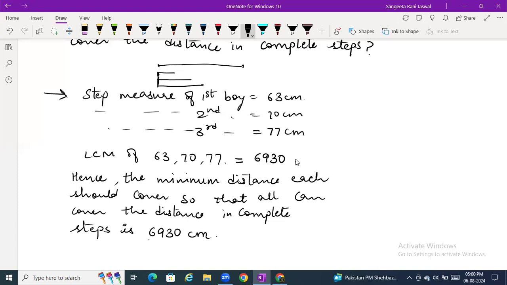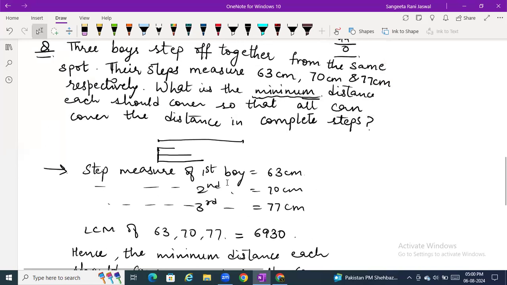We should write this unit also because this is actually a distance, right? Okay. I hope you all understood this.